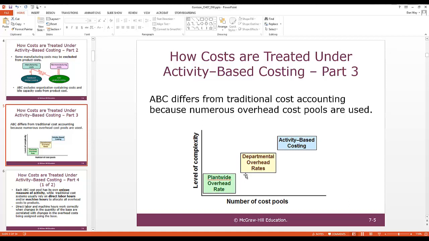So maybe we had 2, 3, 4 overhead rates, one for each department that products traveled through, via which we assigned cost to products. Now under activity-based costing, we're going to have nearly infinite number of cost pools, which increases the complexity of the costing system, but hopefully it gives us a more accurate picture of the costs that are being incurred by each product or customer.